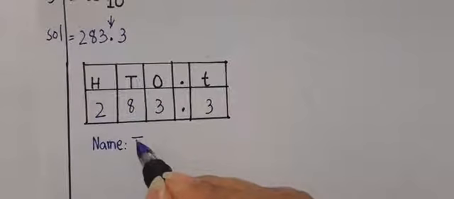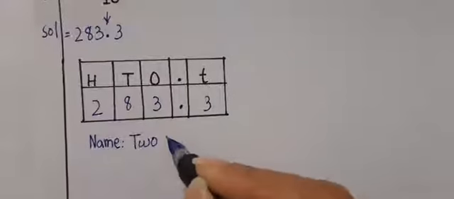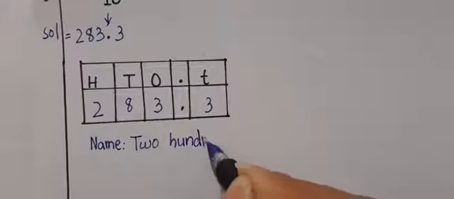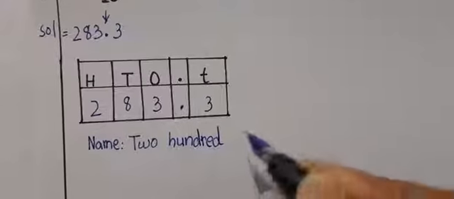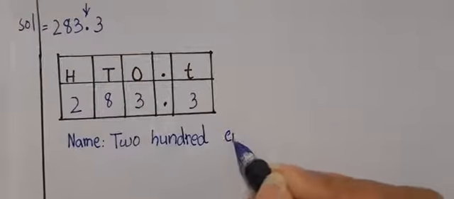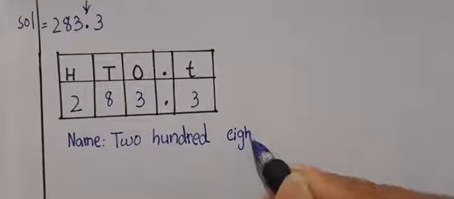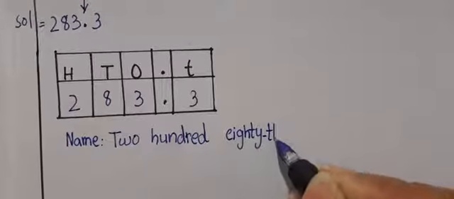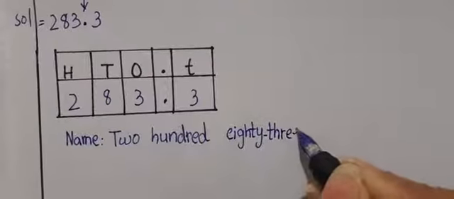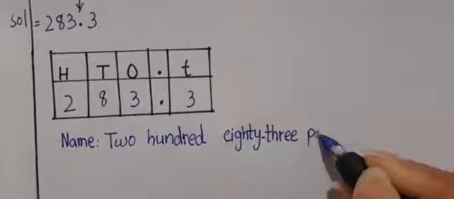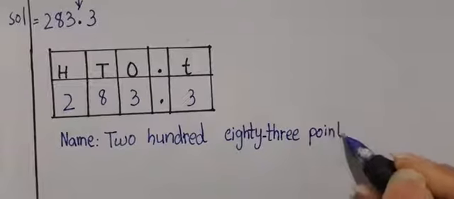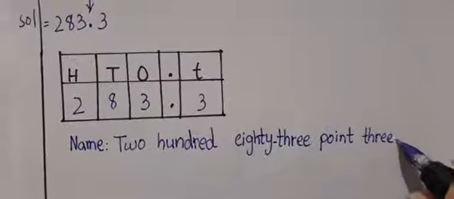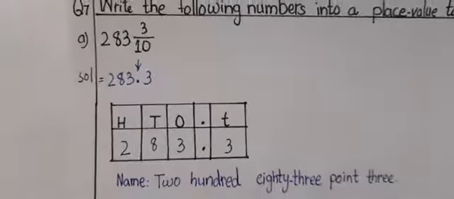So I will write: two hundred eighty-three point three. So boys, I have done part A of question number 7.